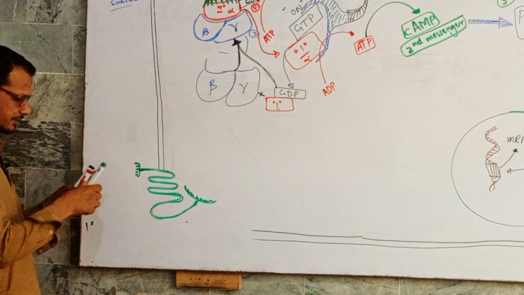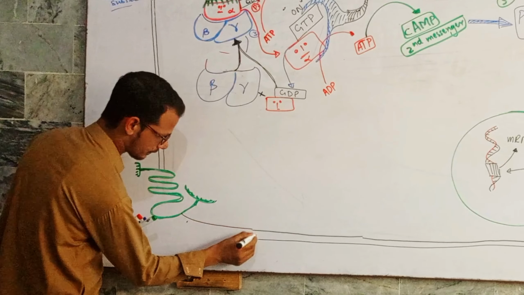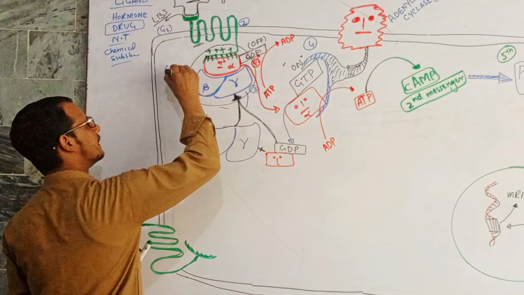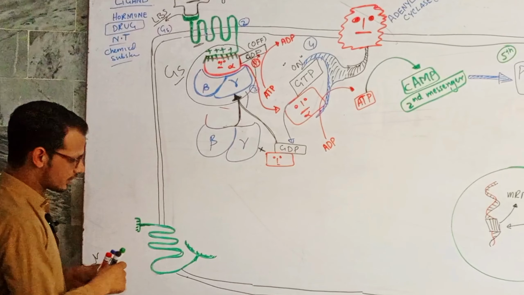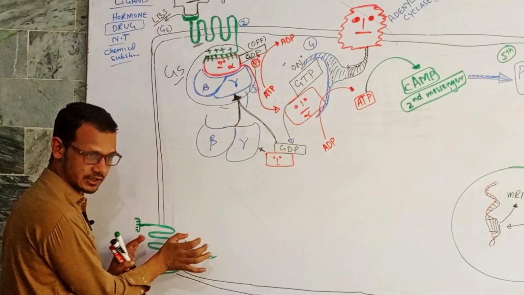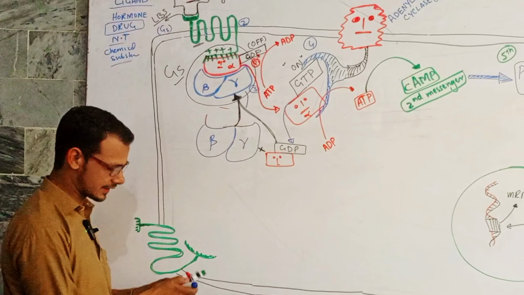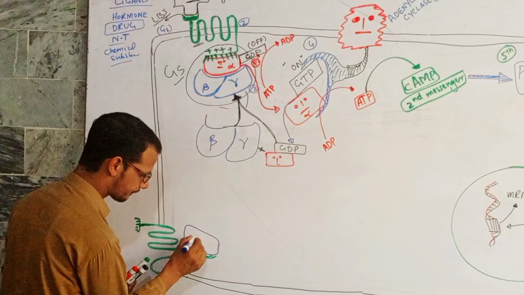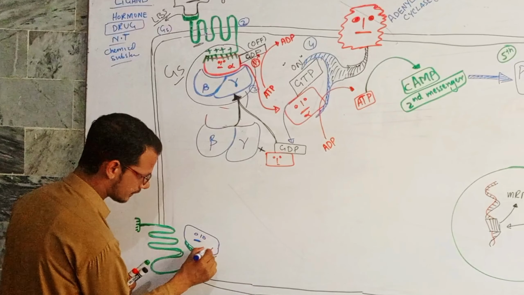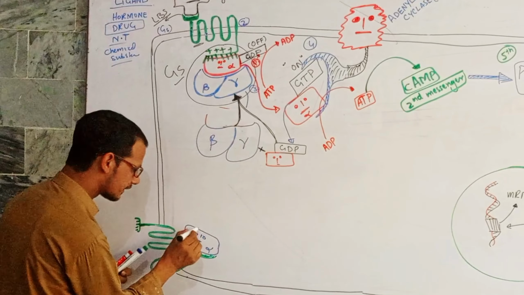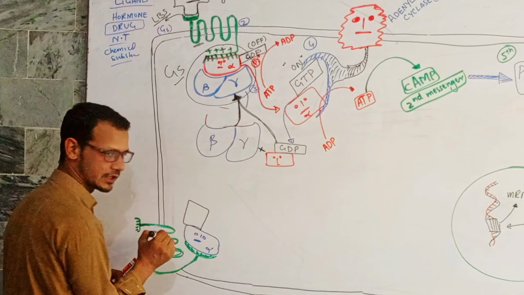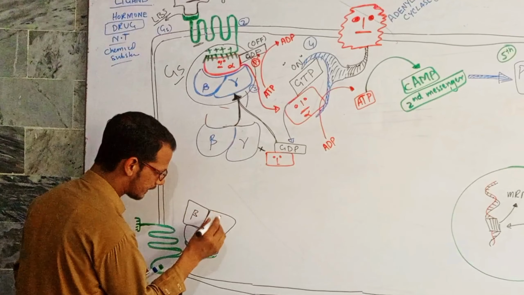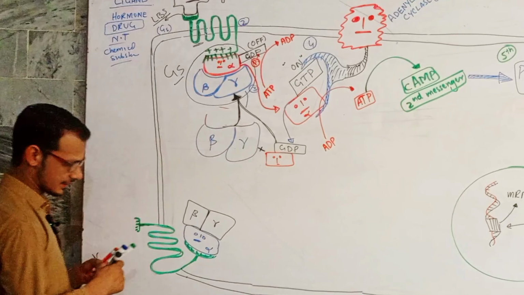this is the receptor. These proteins are called GS proteins, and the proteins which are binding here with this GQ receptor are called GQ proteins. For example, this is the alpha unit of GQ protein, this is the beta unit of GQ protein, and this is the gamma unit of GQ protein, right?